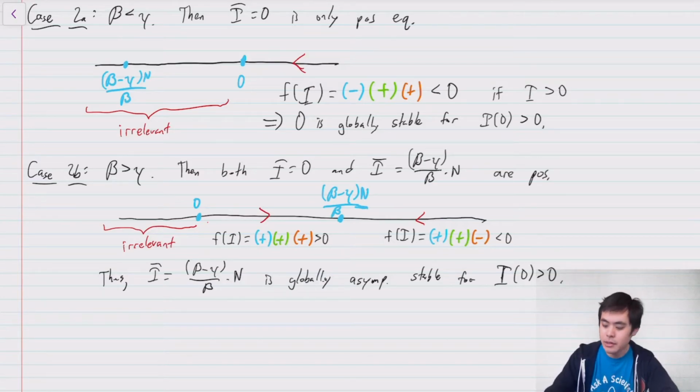And it turns out that we can define a quantity R naught, which we've defined before in other lectures.